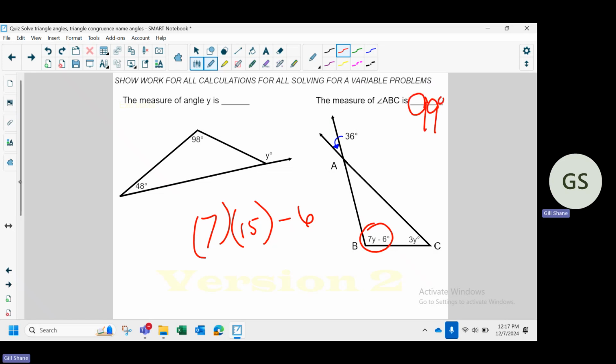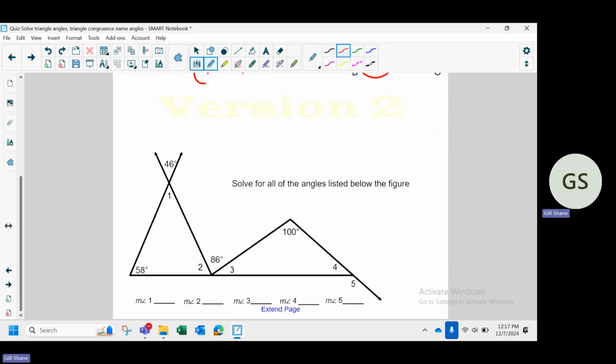99 degrees. The next one, I was really surprised that more people didn't get this right or get more parts of it. This is not a very complex question. This is a lower level question if you're talking about the standard for this particular lesson. That's like a level 1 or level 2 question. We've learned most of these before: vertical angles, linear pair.